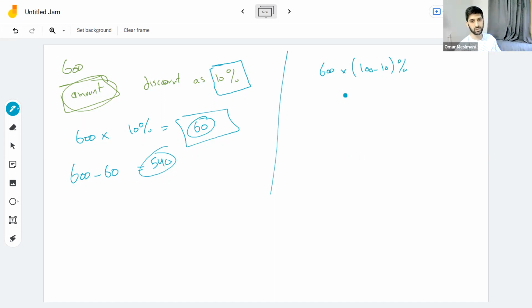So 600 multiplied by 90%, use your calculator, and you will see that you have exactly the same answer. Why am I doing this? I just save my time. You can do the old way: you take the amount, multiply by the percent, then subtract, because it's a discount. You add if you have an increase in amount. I wish that now it's clear. Am I clear? All right, alhamdulillah.